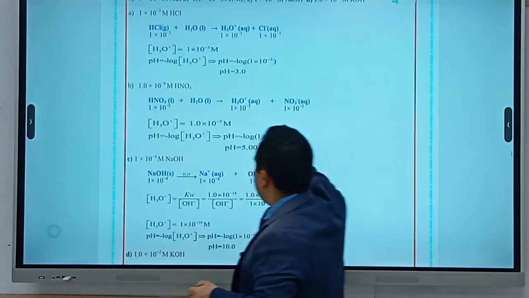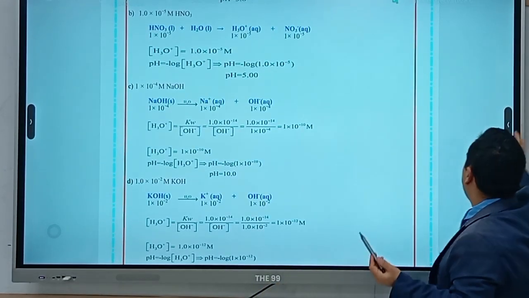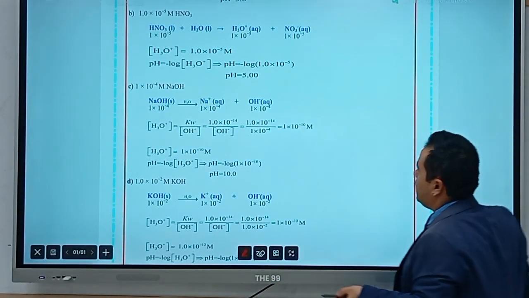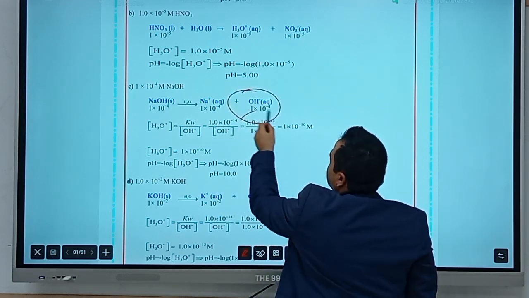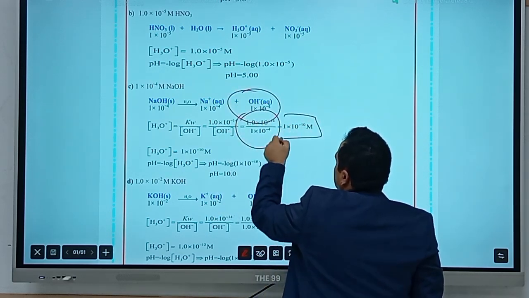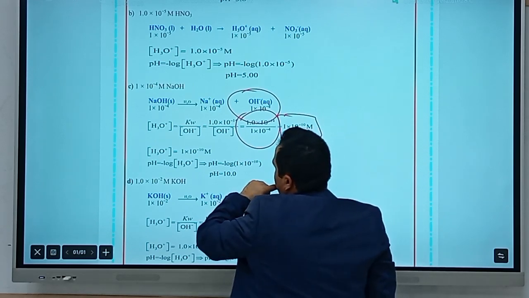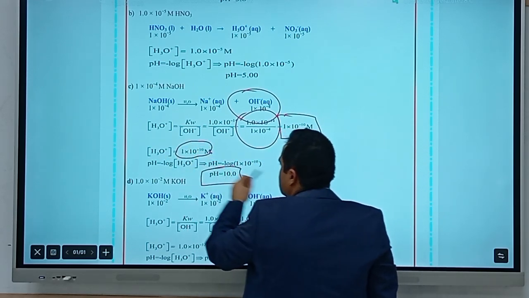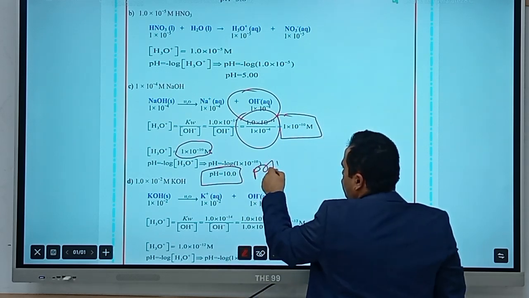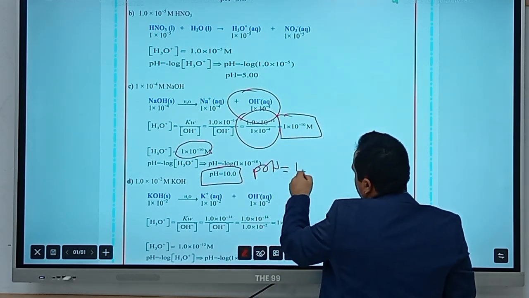Part C, guys, so concentration of NaOH is given. That will be the hydroxide concentration directly, and then through using the Kw you can calculate the hydronium concentration, and then hydronium concentration is equal to 10⁻¹⁰, the pH is equal to 10, and the pOH is equal to 14 minus 10, which is equal to 4.